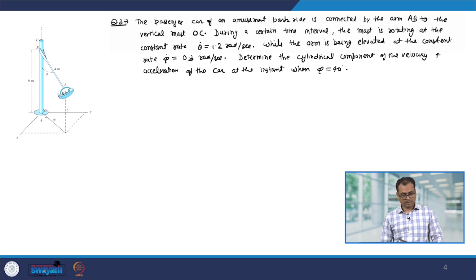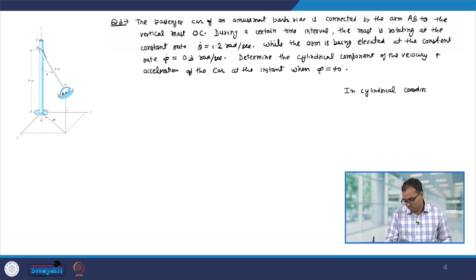Okay. Now in this question we have been asked to find out the cylindrical component of the velocity and acceleration. Therefore, we have to use the cylindrical coordinate. Note that in cylindrical coordinate our axes were r, phi and z, where this phi was the angle that r makes from the x axis.